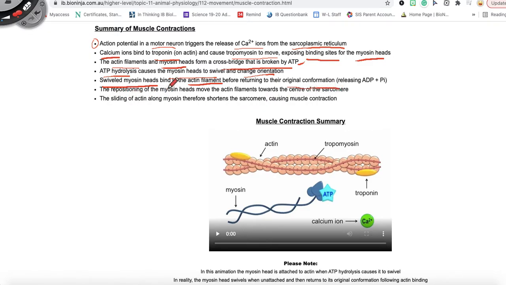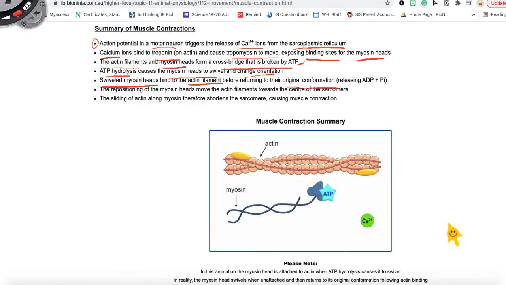And the repositioning of the myosin heads moves the actin filament, of course, and then it contracts the sarcomere. And here is an animation for you to see.